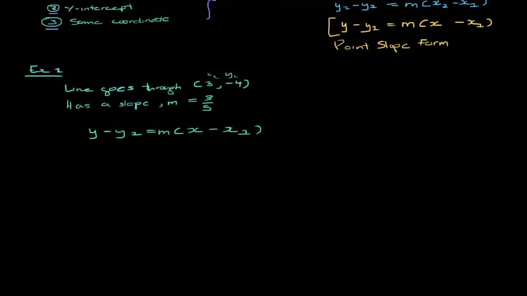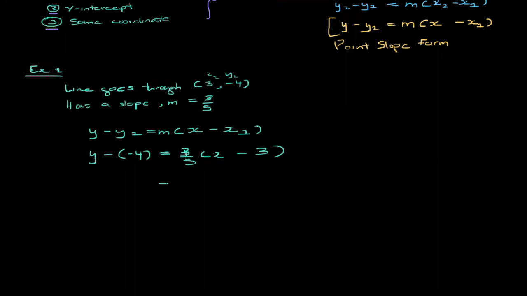Let's sub that into our formula, including the slope. So you would get y minus negative 4. Make sure you get the signs right here. This is a common mistake that you'll see, some people won't put the signs and mess up the actual value of y. And then m is actually 3 over 5, and x minus 3.